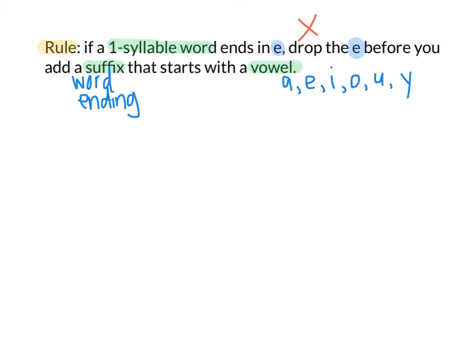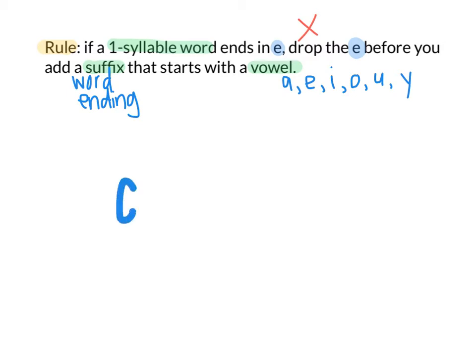Okay, so let's read the rule one more time now that we understand the different parts. If a one-syllable word ends in E, drop the E before you add a suffix that starts with a vowel. All right, it's still a little bit confusing, so let's do an example.